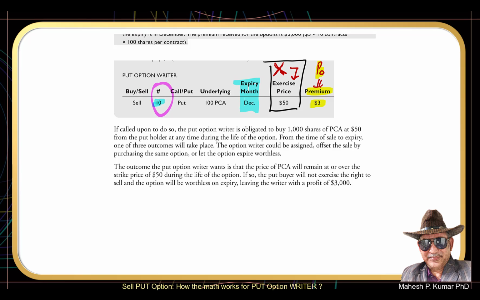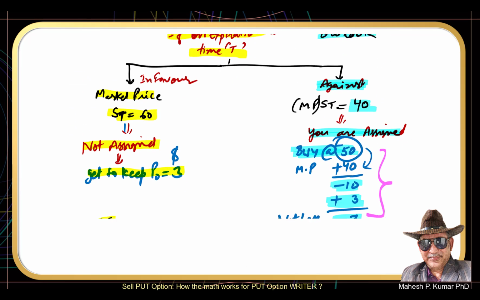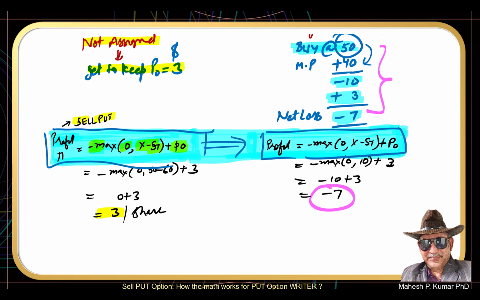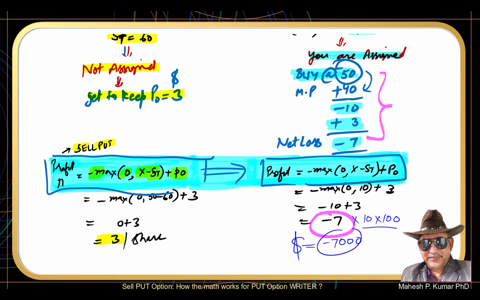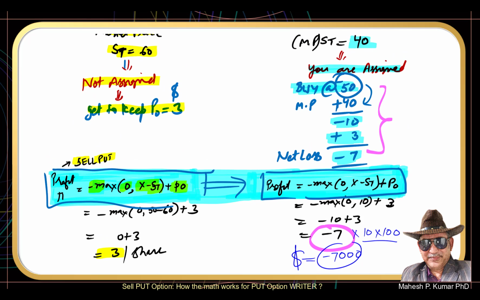So 10 contracts means 10 times 100. In one contract we have 100 shares. Since you sold 10 contracts, 1000 shares were involved, so you will have a loss of $7,000 if the market price falls to $40 on expiration.